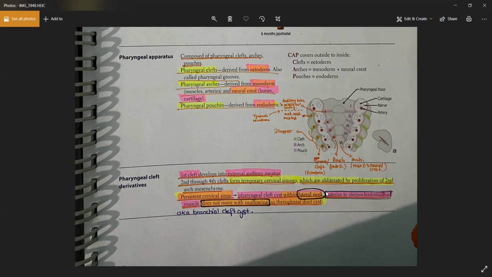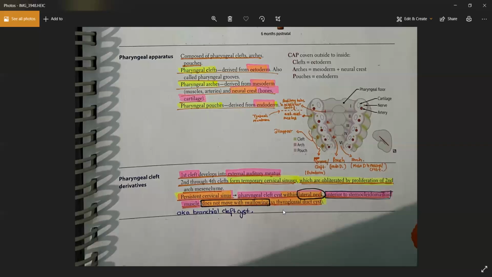Yes. And one more cyst you have in the midline, remember the name? Other than the thyroglossal duct cyst, there is also another cyst in the midline. Other than this, the dermoid cyst, remember?